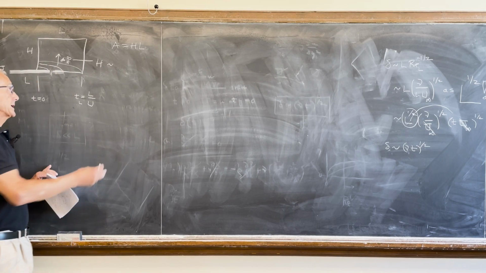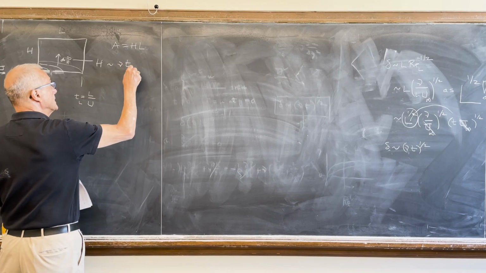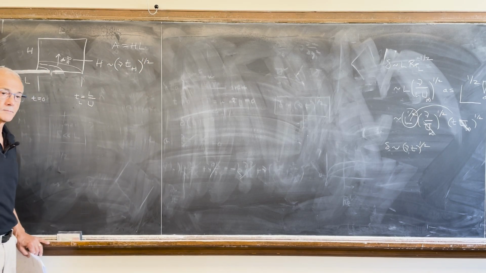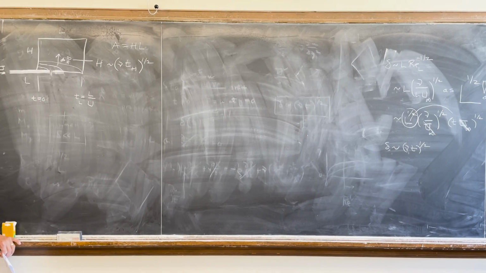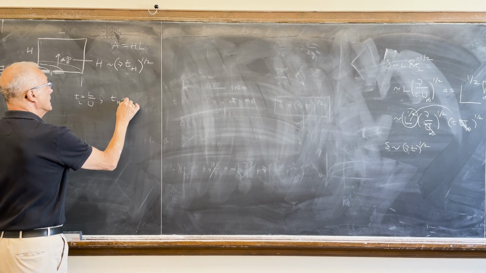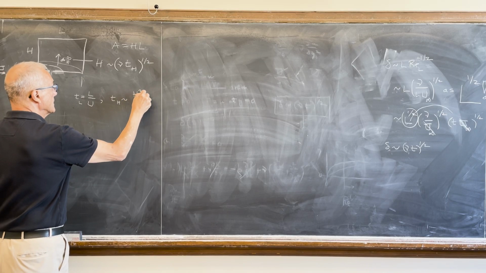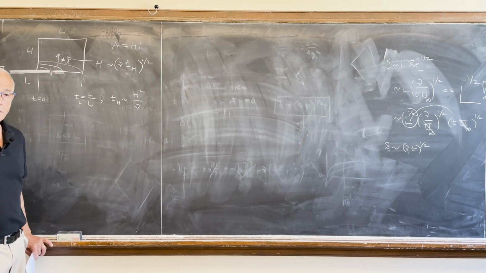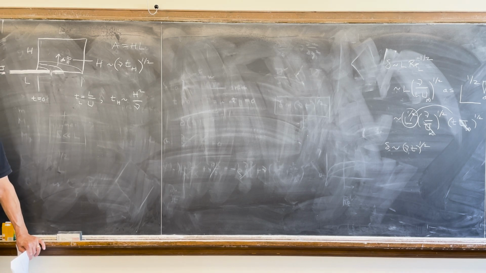During a different time scale, namely nu t sub h to power 1/2. In other words, the second time scale is t sub h, h squared over nu.